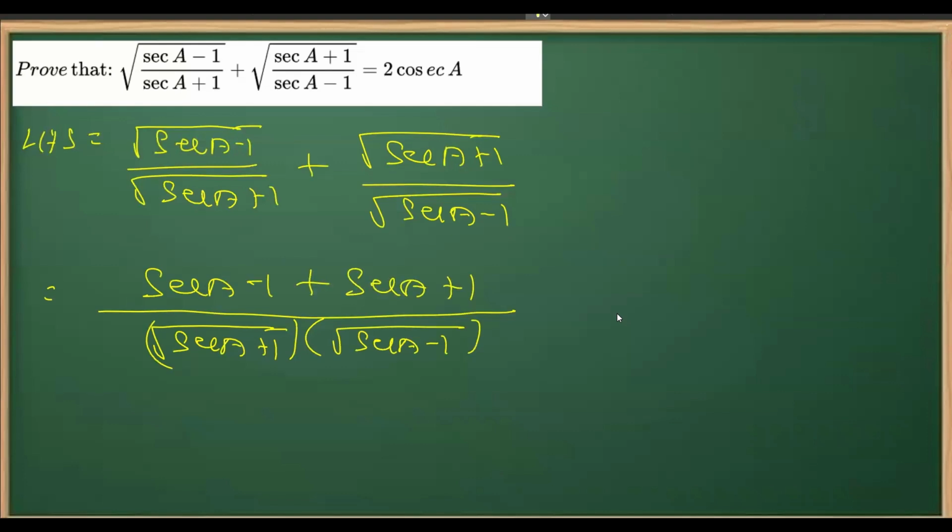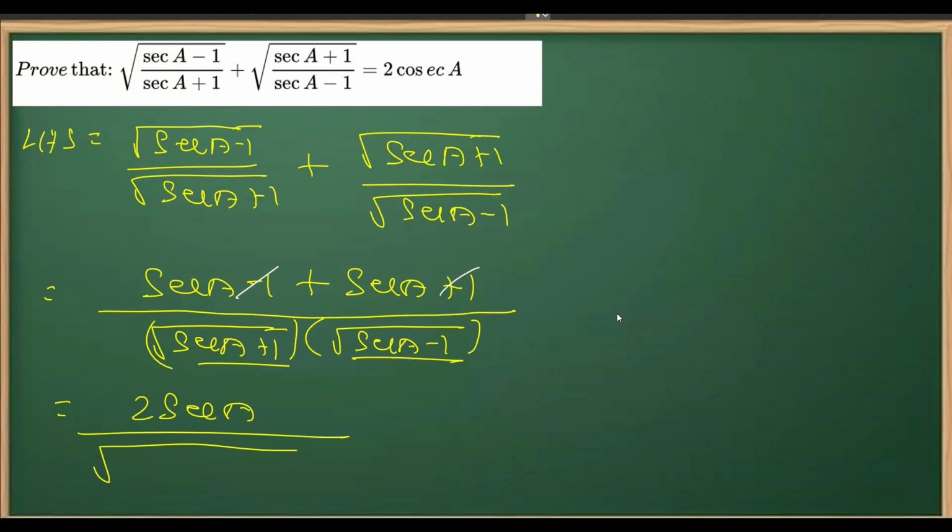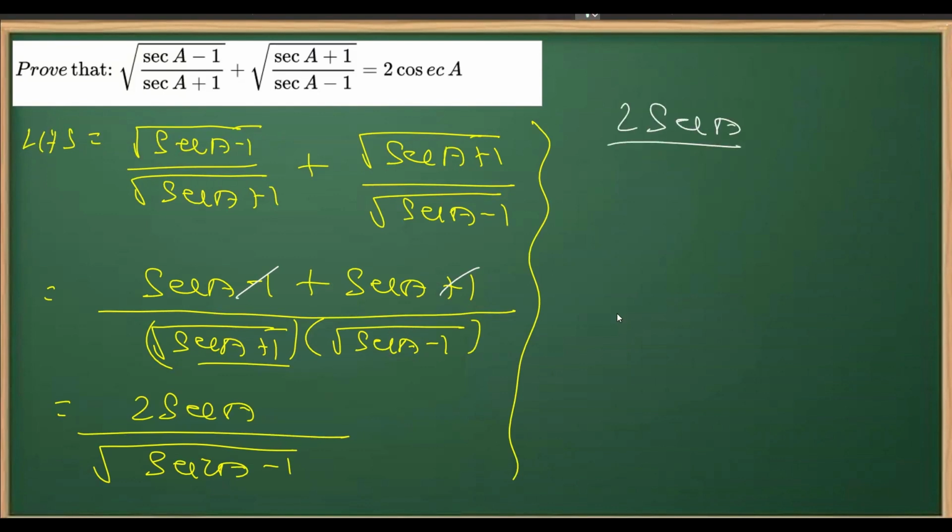Here too, minus 1 plus 1 get cancelled, so you are getting 2 times sec A. In the denominator, applying A plus B into A minus B gives sec square minus 1.